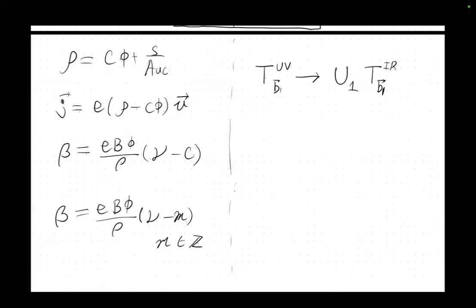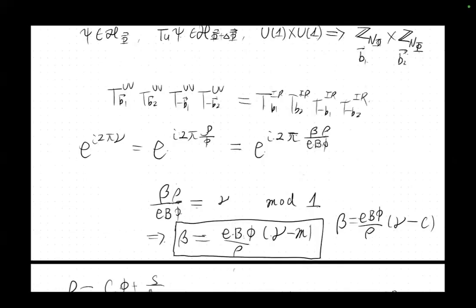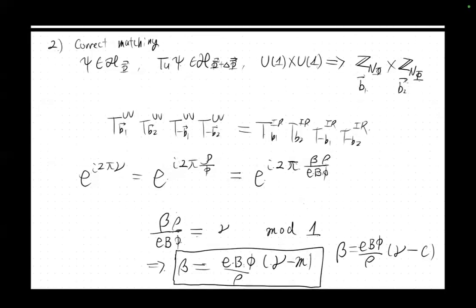Maybe I can also make a comment regarding the anomaly matching section, which is a very nice way to think about this. I wanted to comment on the filling constraint that you have, beta blah blah blah equals nu modulo 1.